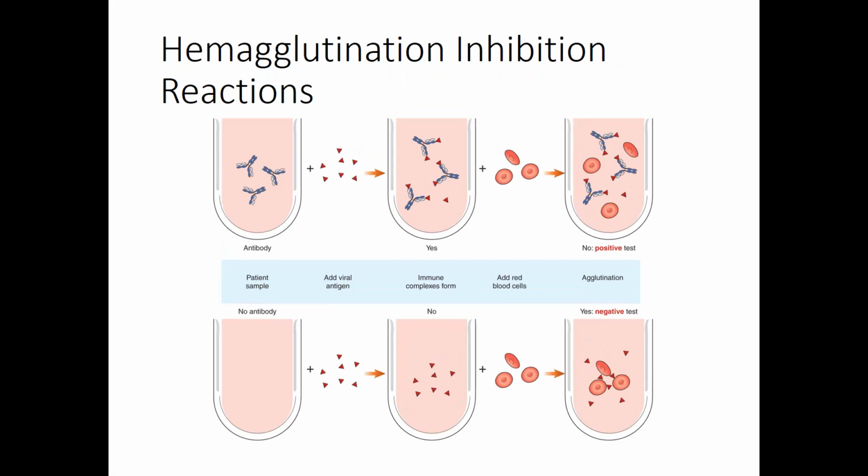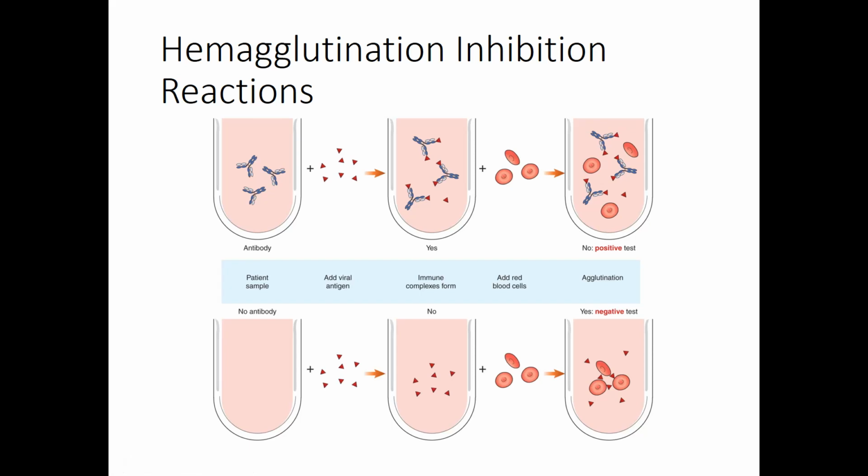This one is going to be hemagglutination inhibition reactions. In this case, we're looking to see if the patient has antibody in their serum. So we have, again, antibody from the patient, a sample from the patient. Does the patient have antibody to whatever it is we're looking for or not? I don't know. Maybe a virus.